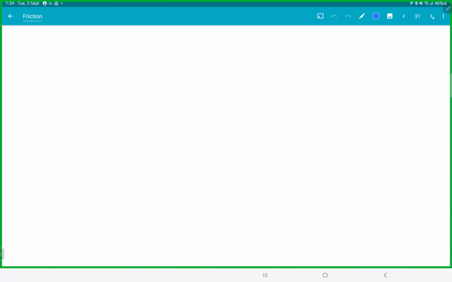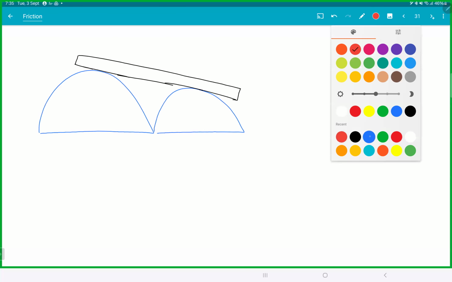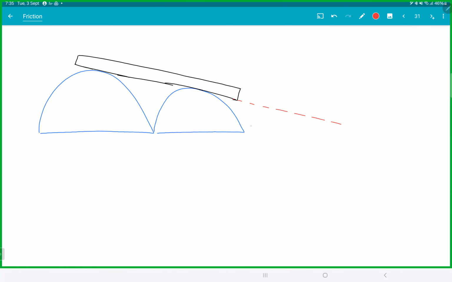Let's see. Step 1, choose the system, draw the FBD. Story is always the same. So if I extend this like this, this would be theta.